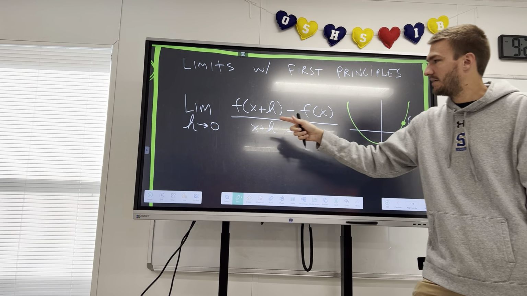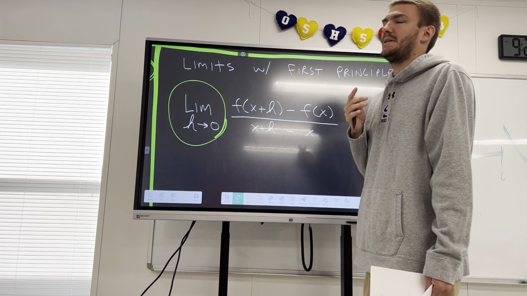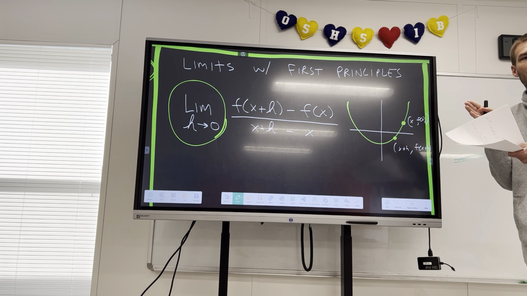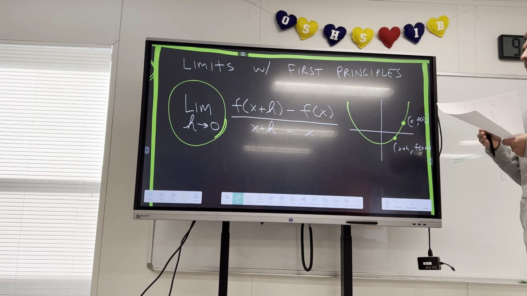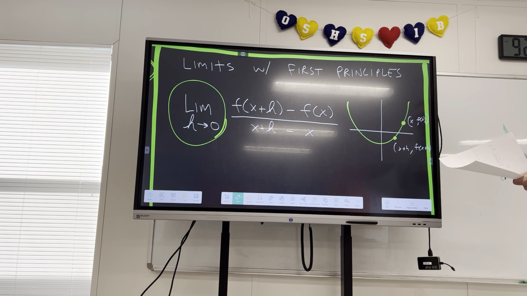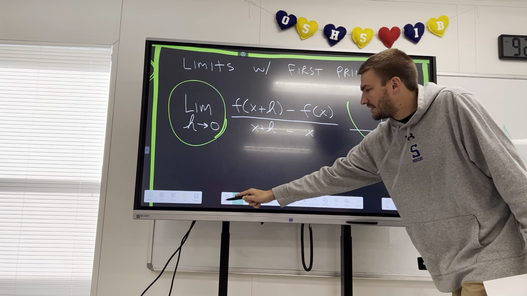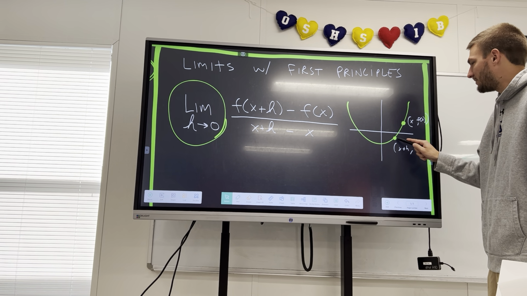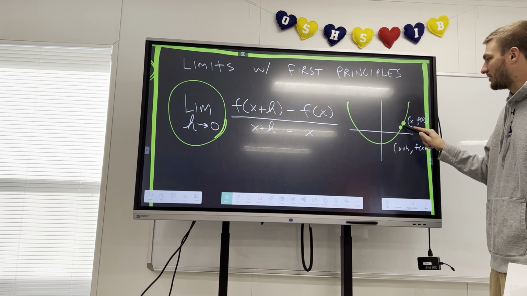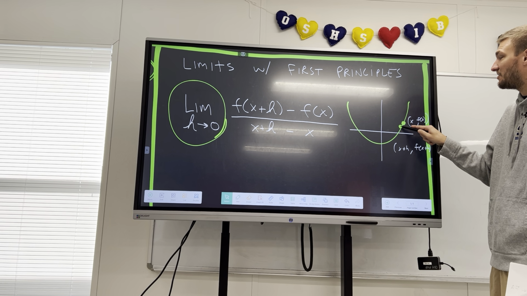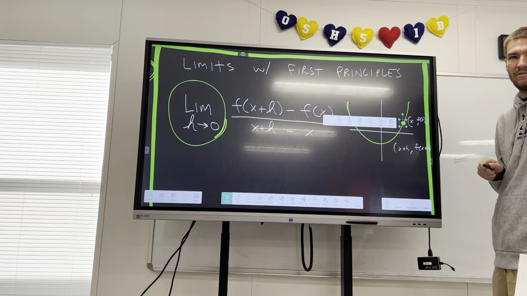And here's why we like the limits, because those limits are allowing us to shrink that h to be 0. So our goal is to try to figure this out. That h keeps shrinking, our dot keeps approaching, sneaking closer and closer and closer. And eventually, if h does get to be 0, boop, we've done it.